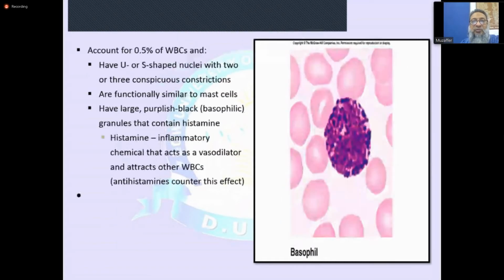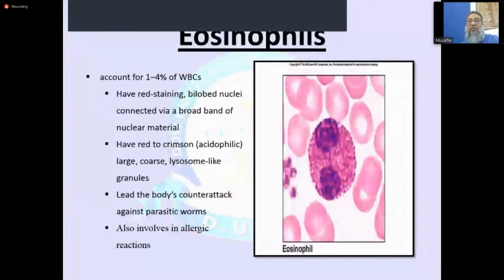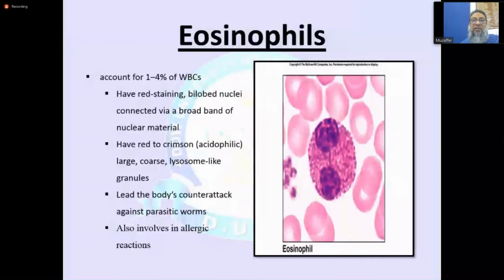And eosinophils, we typically find them in the peripheral blood smear. When we go for the complete blood picture, we will see that in a person who has some parasitic infection in their body, the number of eosinophils increases, and this gives a little bit of guidance regarding the diagnosis of certain diseases involving an allergic response.